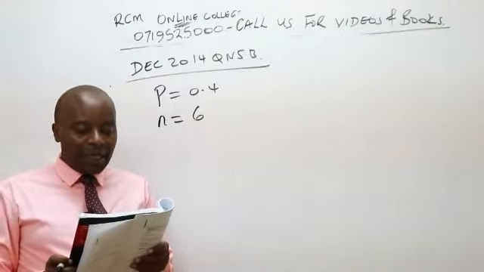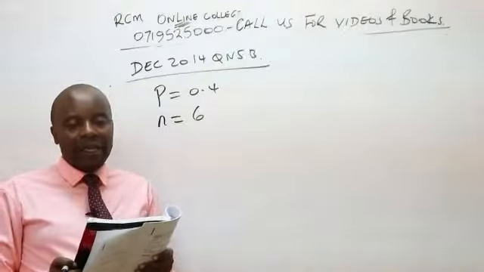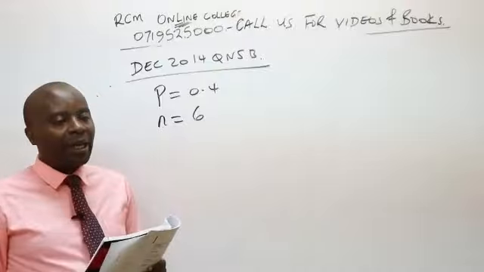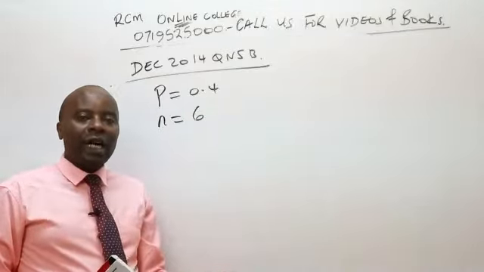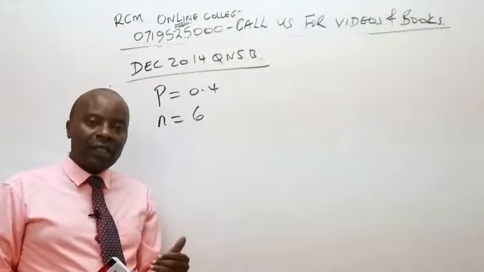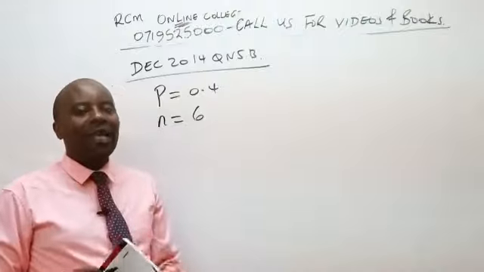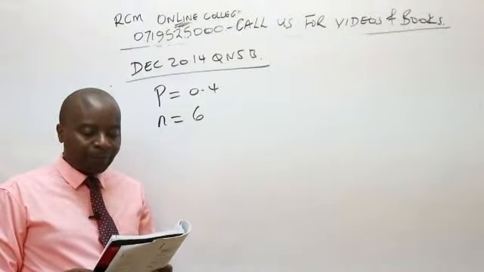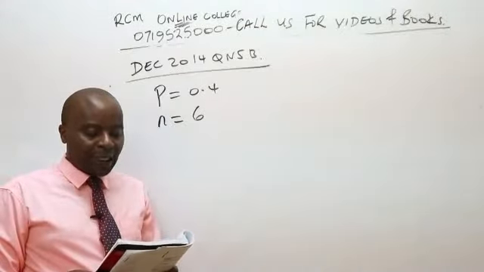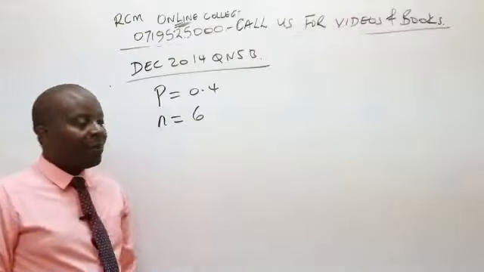The probability that only one household was affected is too huge, 40%. Given that we have only 2 possible outcomes, affected or not affected, the better model to use here will be the binomial model.